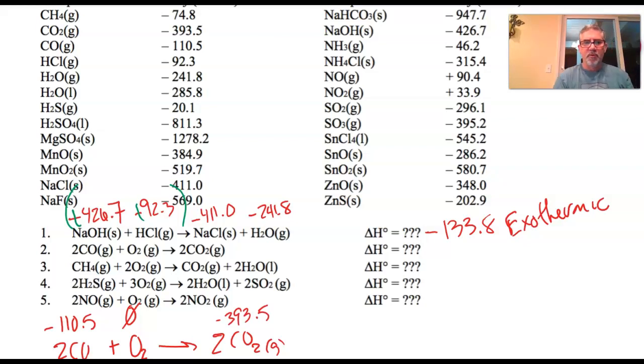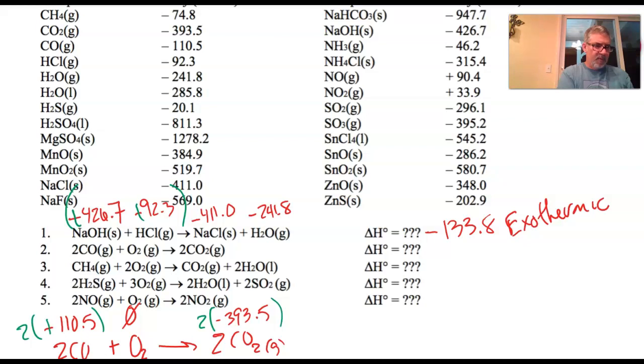If we go about our business again, remember, this is in the reactants, so I have to change the sign. But I have a coefficient of 2, so I have to multiply that by 2, and I have a coefficient of 2 on the product, so I have to multiply that by 2 as well. Let's see what we get.